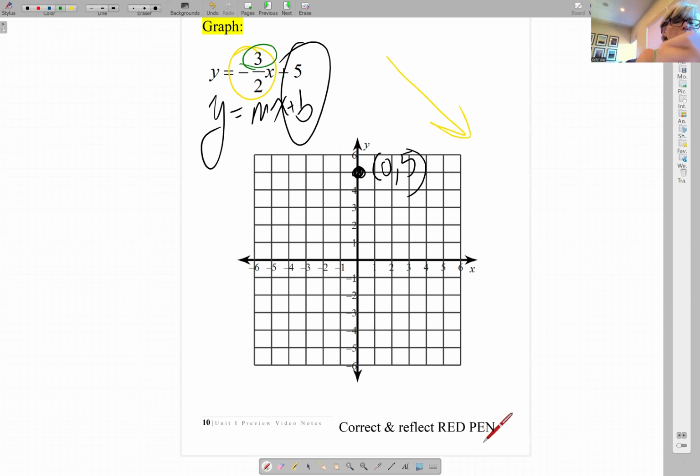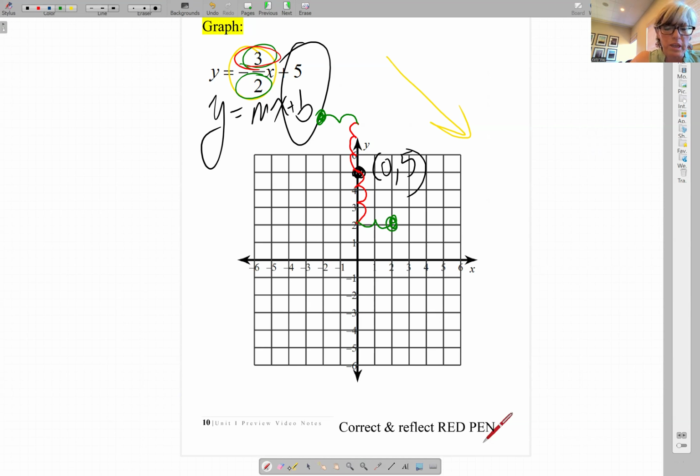We're going to rise 3, and I was using red for rise, green for run, so red rise. You can rise 3, 1, 2, 3, run 2 to the left, 1, 2, or you could have dropped 3, 1, 2, 3, run 2 this way, 1, 2.